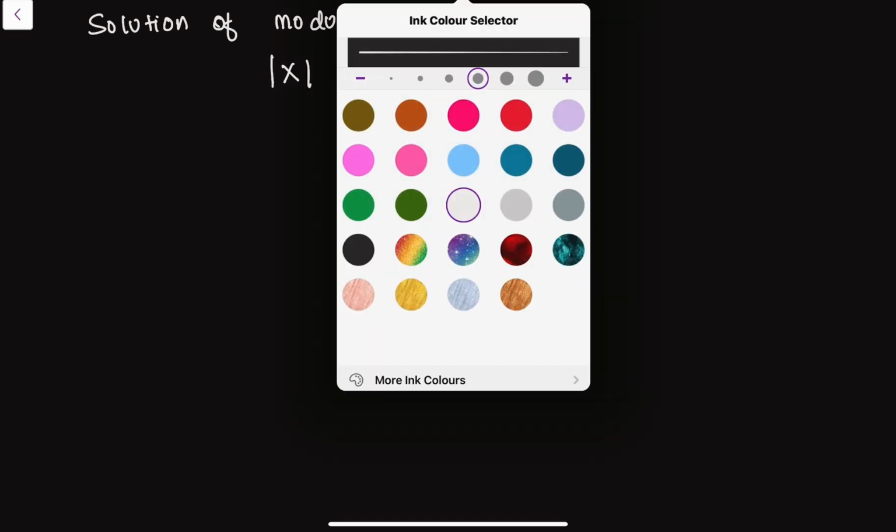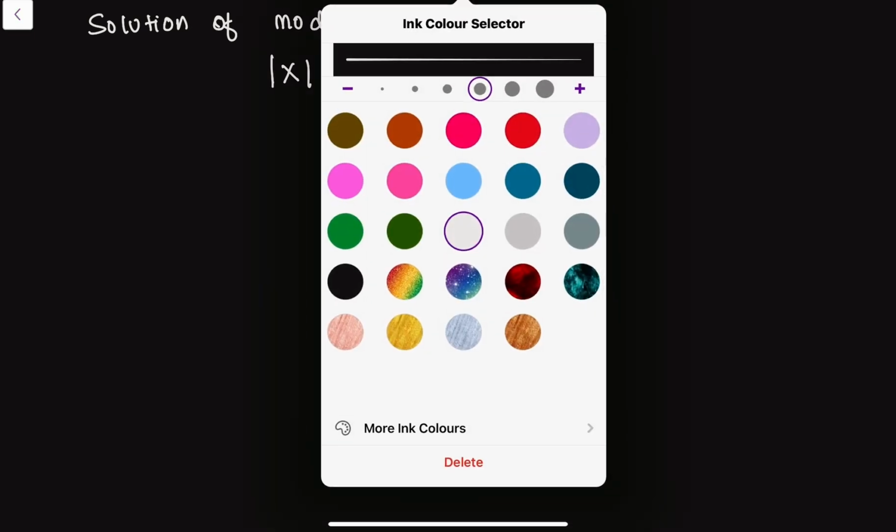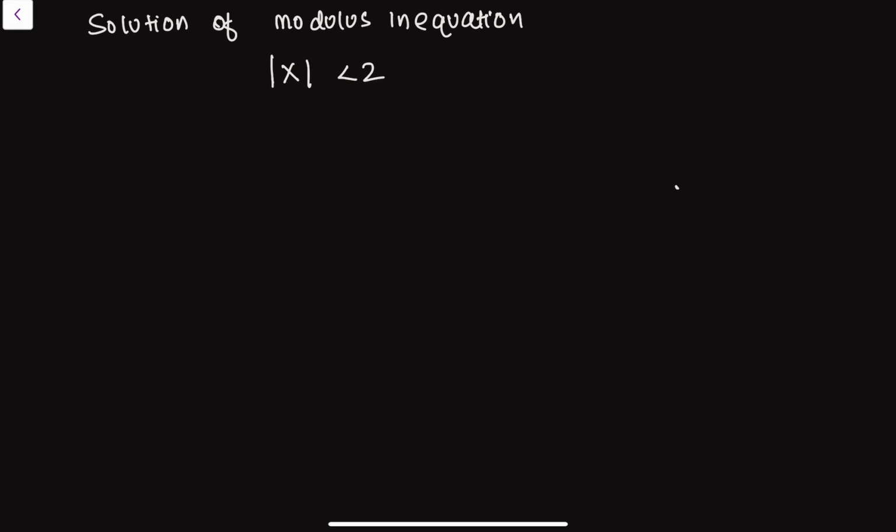To understand this, let us first plot a number line. Let's say we have 0, 1, 2, 3, 4, and on this side we have negative numbers, negative 1, negative 2, negative 3. Now what are the numbers for which the magnitude, whether positive or negative, is less than 2?